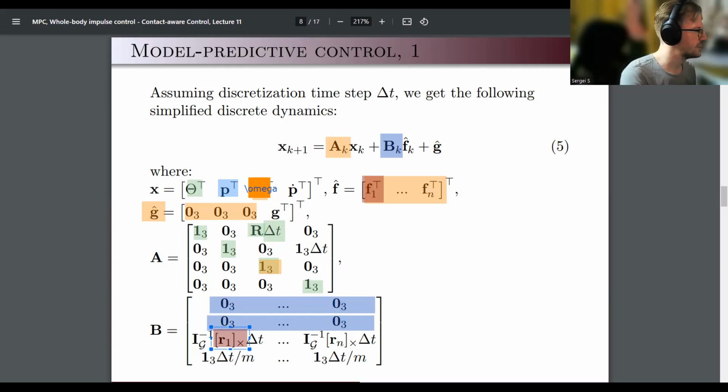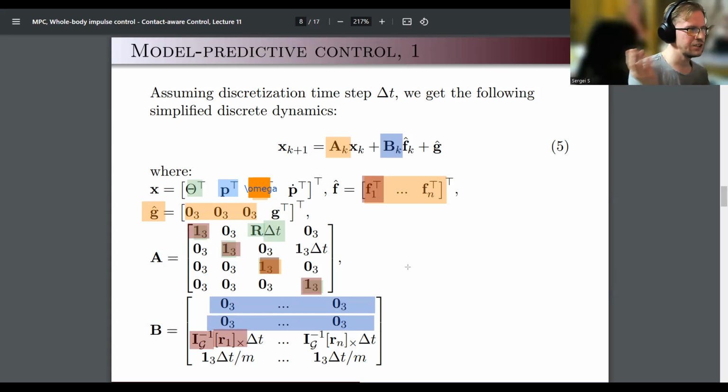Now this thing is multiplied by I inverse. What is this I inverse? This is the inertia matrix. Why is it here? Well, we wanted to avoid putting it here, for example, where it would have been if we just left it where it was.